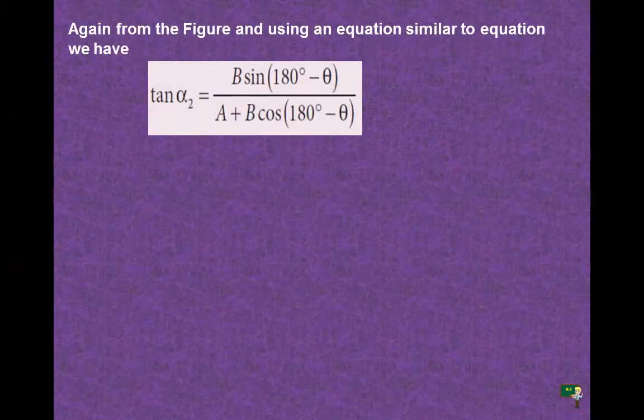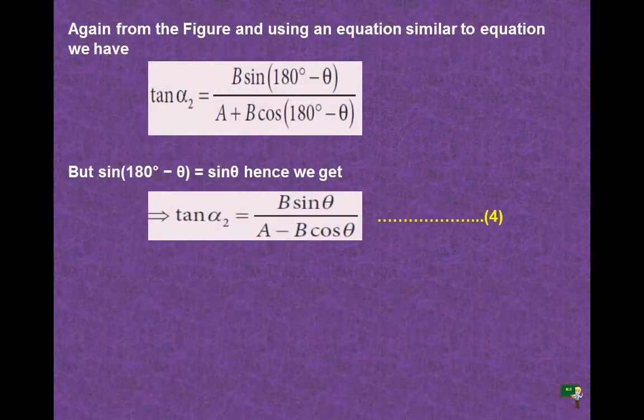And continuing that, again from the figure and using the equation, we have tan alpha 2 is equal to B sin(180 degree minus theta) divided by A plus B cos(180 degree minus theta). Now sine of 180 degree minus theta is equal to sine theta.